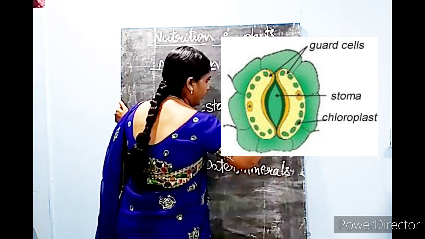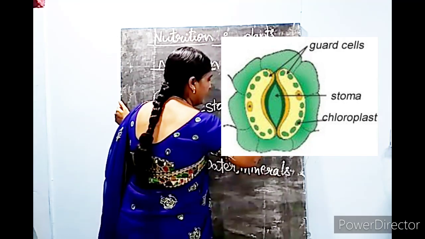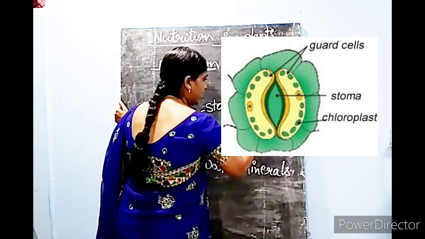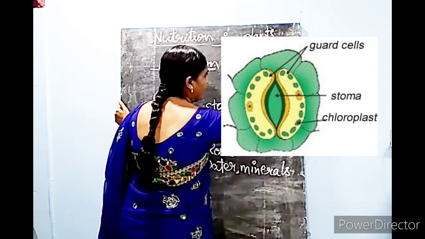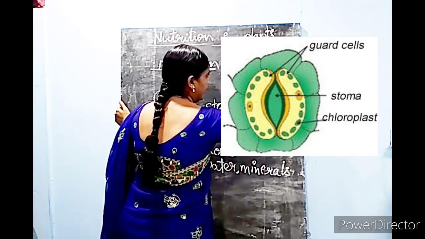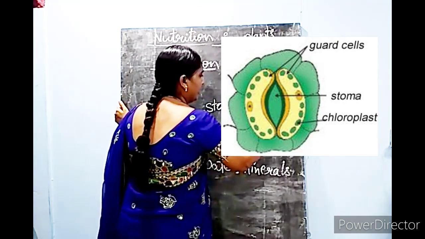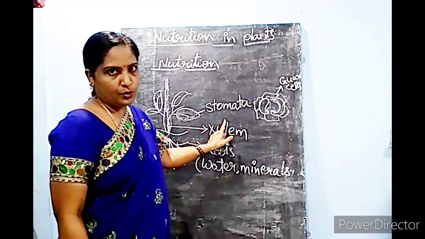The tiny openings in the leaves are known as stomata. The stomata opening and closing is done by guard cells around the stomata. So these cells are known as guard cells. Guard cells are helping for opening and closing of stomata.